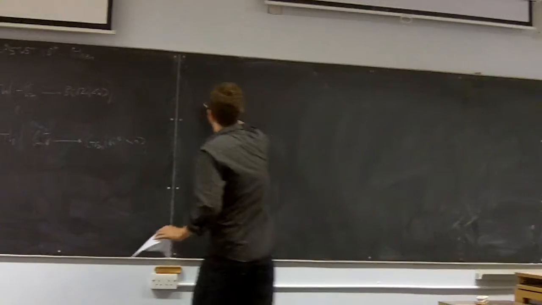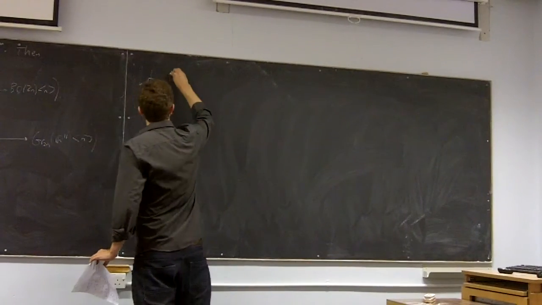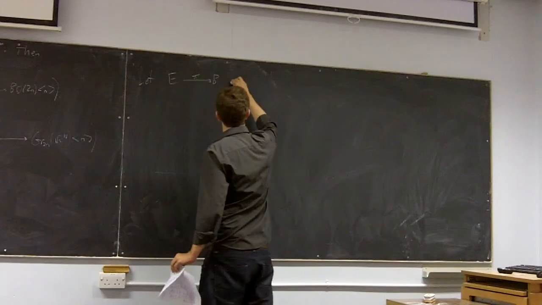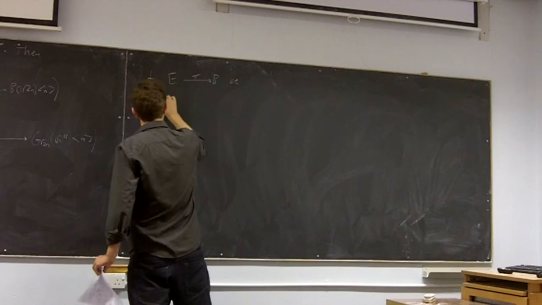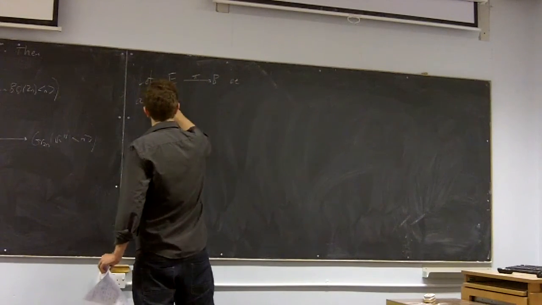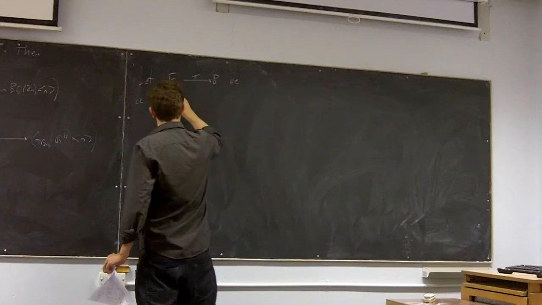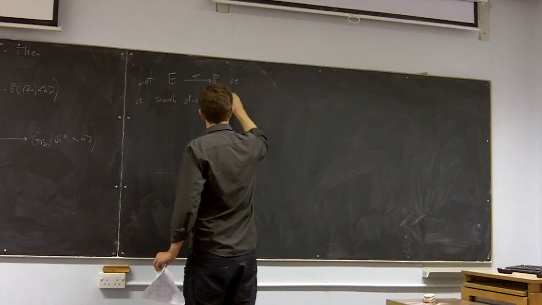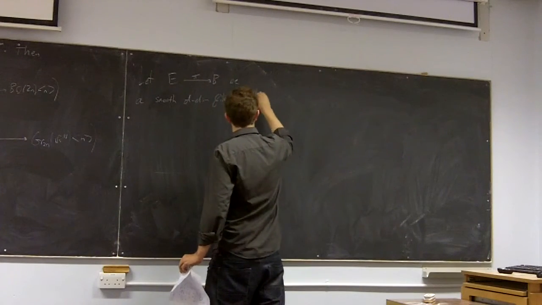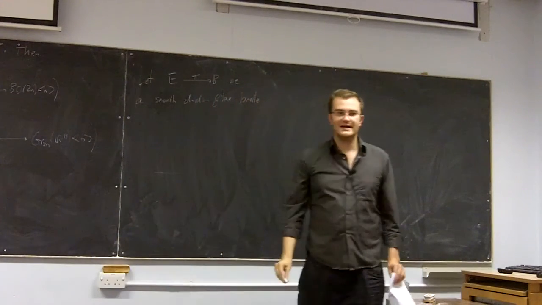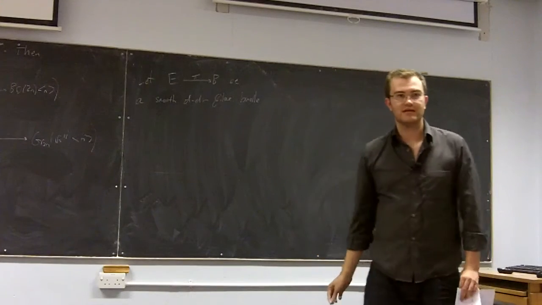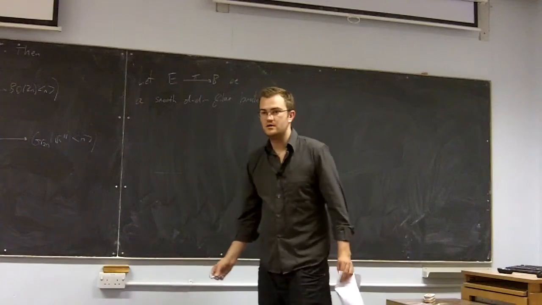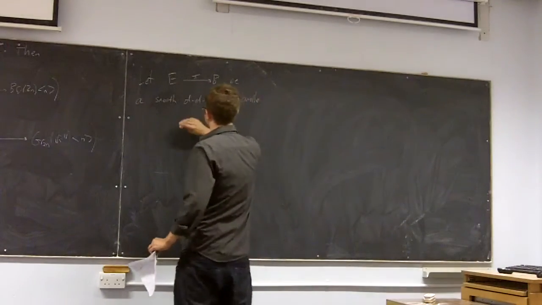So let E to B, pi maybe, be a smooth d-dimensional fiber bundle. How can I get some sort of naturally defined characteristic class? Well, let's say d-dimensional, what do you mean? The fibers, yeah.